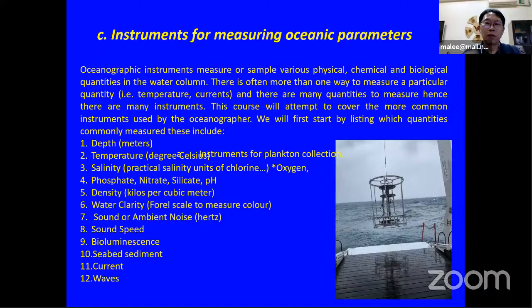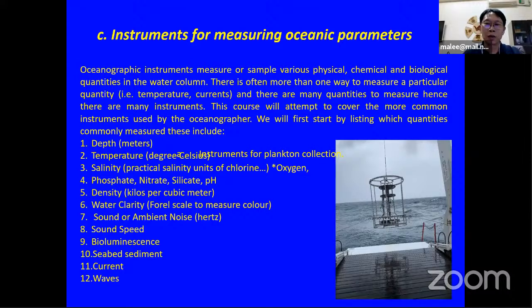And maybe we also need some instruments for measuring the oceanic parameters. Actually, I told you the first equipment is the research vessel, and we need some instruments mounted on the research vessel.